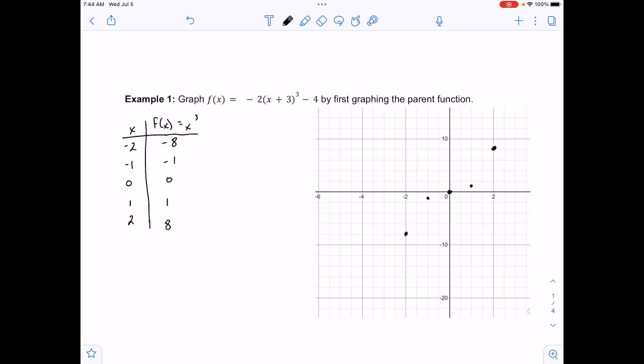There we go. And let's connect the dots and do our best to keep it smooth. All right, not bad. So that's our parent function, x cubed.